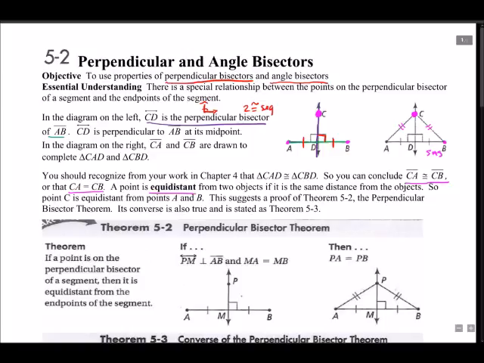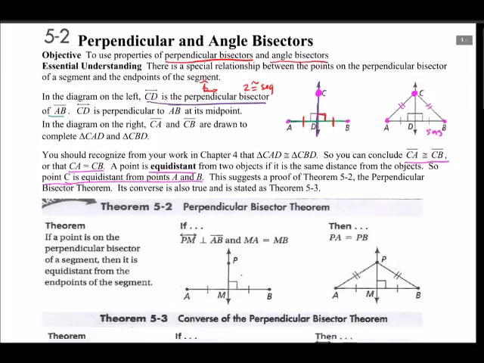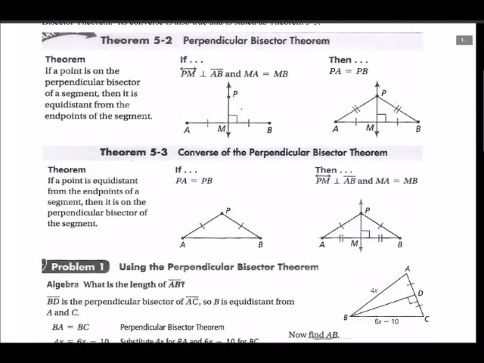What does equidistant mean? Equal distance, equal length. C is equidistant from our points A and B. And what this is going to do for us is our perpendicular bisector theorem. So let's take a look at this.